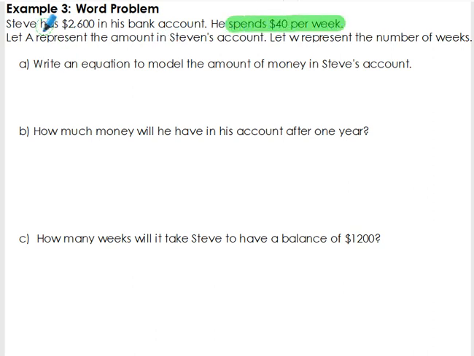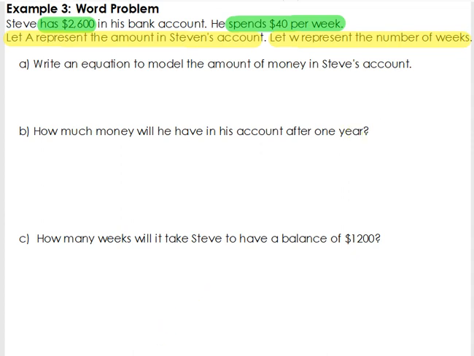Steve has $2,600 in his bank account to begin. He spends $40 per week. This might sound familiar. Now they say the variable A is going to be the amount in his account, and the variable W is going to be the number of weeks.